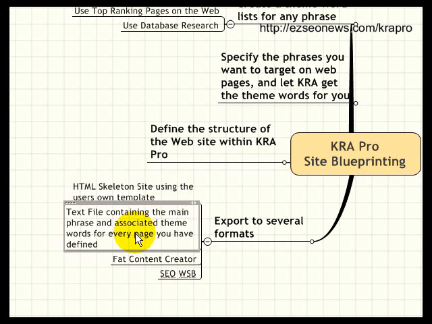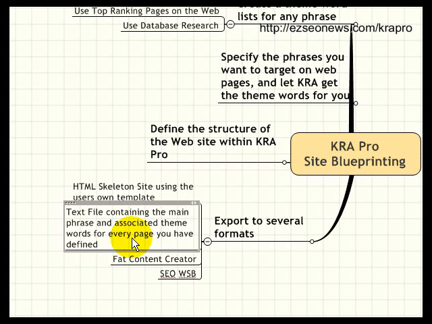The second export format is just a standard text file, and that text file includes a map for every page that you've defined, and a map consists of the primary phrase and then all of the secondary phrases or theme words for that particular page. So if you've defined 20 web pages, this text file will contain 20 sections, each section having the main page plus theme words.